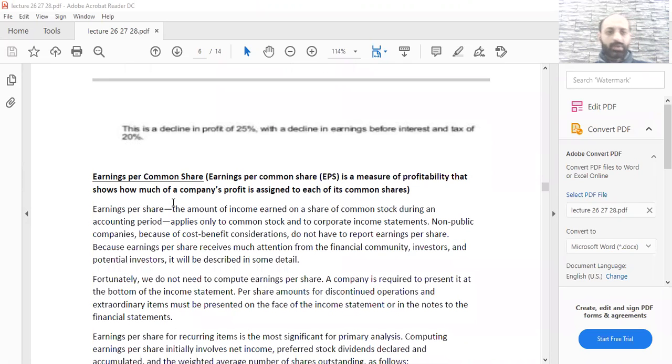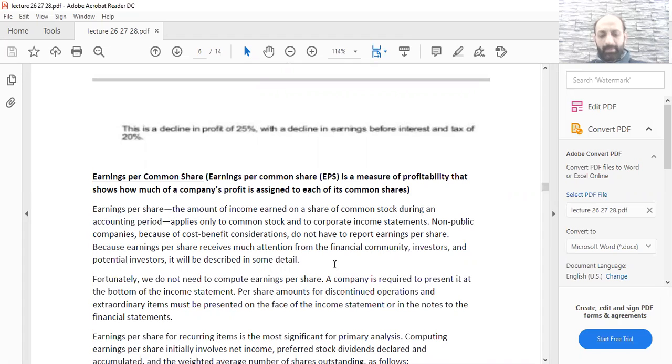The second ratio is called earnings per common share. Now, what is earnings per common share? EPS is a measure of profitability that shows how much of a company's profit is assigned to each of its common shares. Earnings per share is the amount of income earned on a share of common stock during an accounting period.